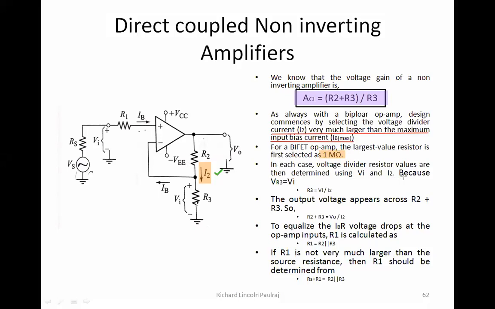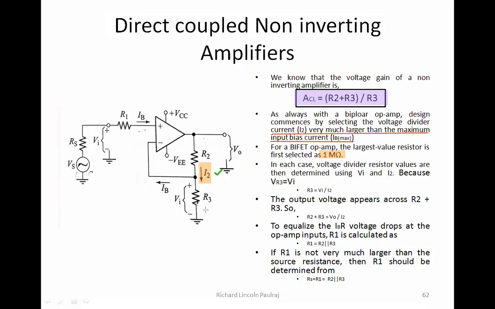In each case, voltage divider resistor values are determined using the input Vi and I2. So how much should be R2 and how much should be R3 are all decided based on how much input voltage and how much current is passing through, right?